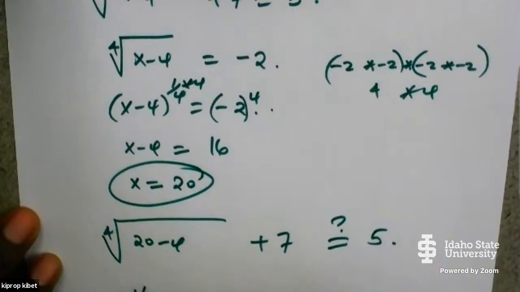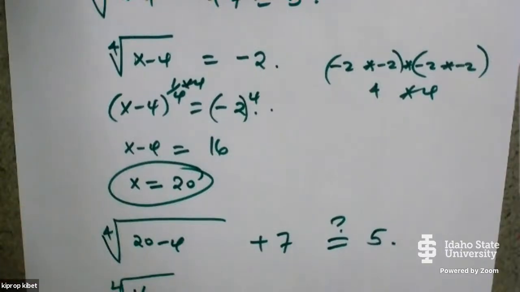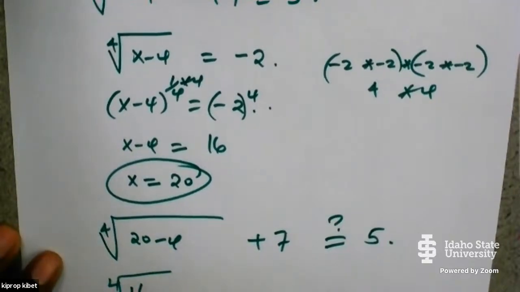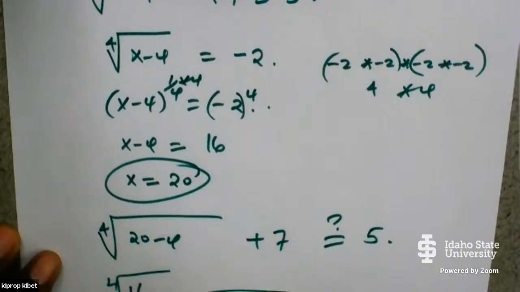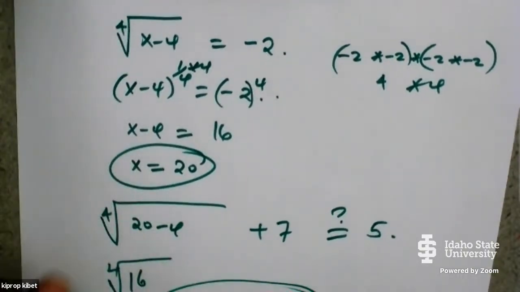The fourth root of 16 is 2, right? So 2 plus 7, is it equal to 5? No. So it is not equal to 5.